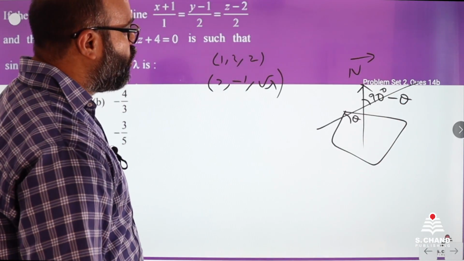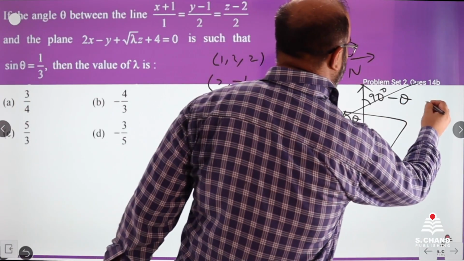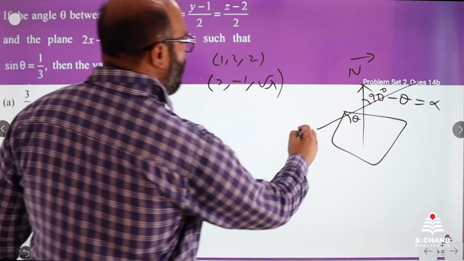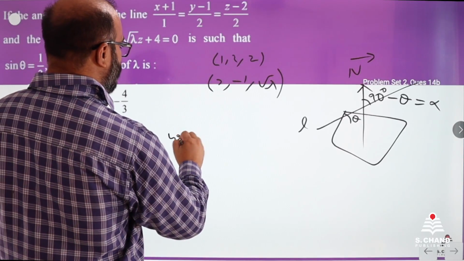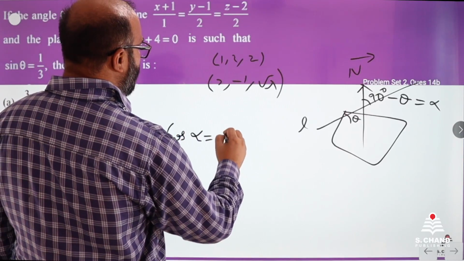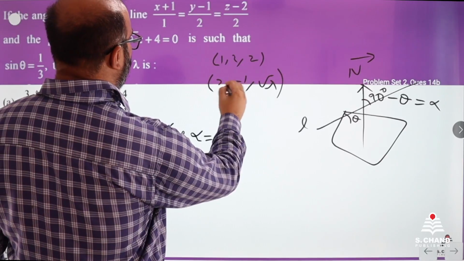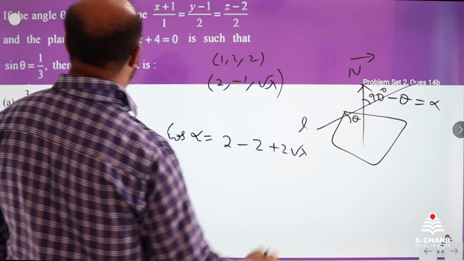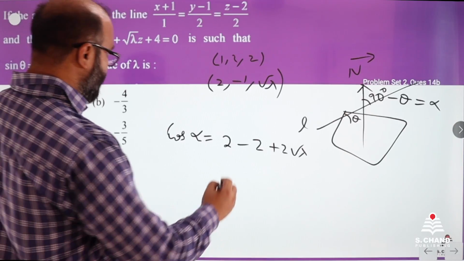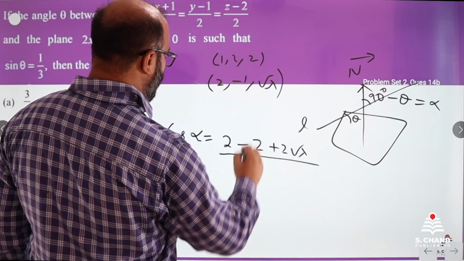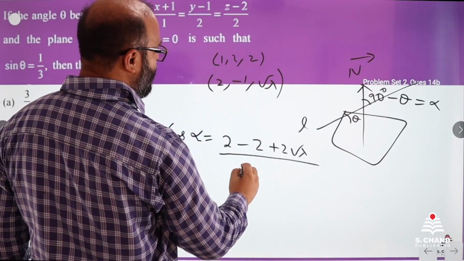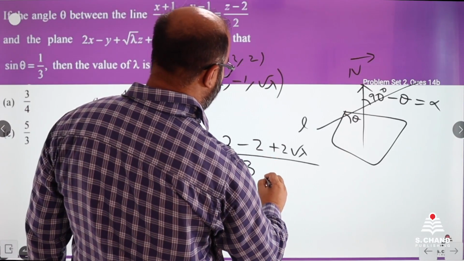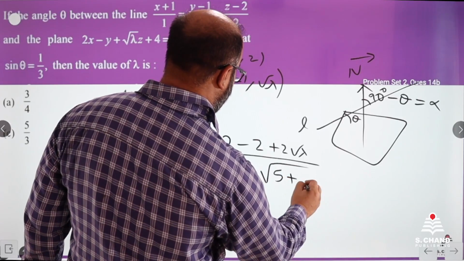So we know that if alpha is the angle between the line and the normal, so cos alpha is equal to 2 minus 2 plus 2 lambda, like this, upon root over 1 square plus 2 square plus 2 square, that will be 3, into root over 4 plus 1, 5 plus lambda, like this.